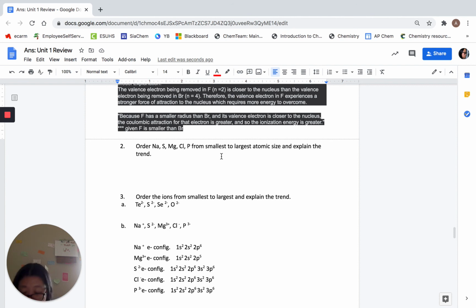Okay, so Na, we got it. S, we found it. Mg next to each other. Cl, P, next to each other. If you look at it, they are all in the same row. So in the periodic table, you have Na, Mg, P, S, and then Cl.